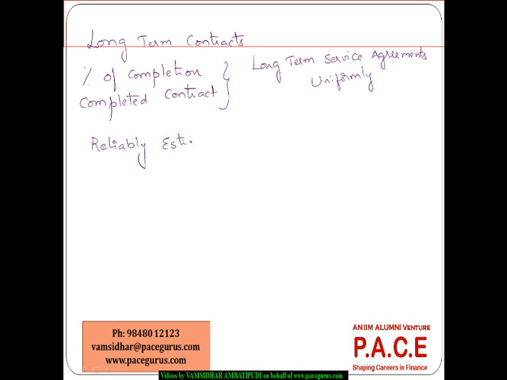I'm doing the same routine task which may go for 3 years, but I can estimate that it will be completed in a 3-year time span. Probably I can say that in the first year 50% of it will be done, the second year 40%, and the third year 10%. If I can do some reasonably reliable estimation of the outcome of the project, then I will rely on the percentage of completion mechanism.